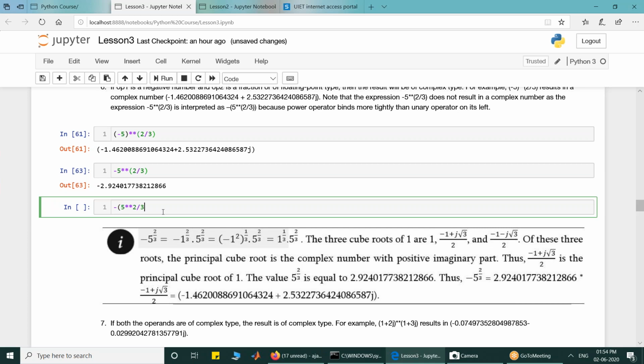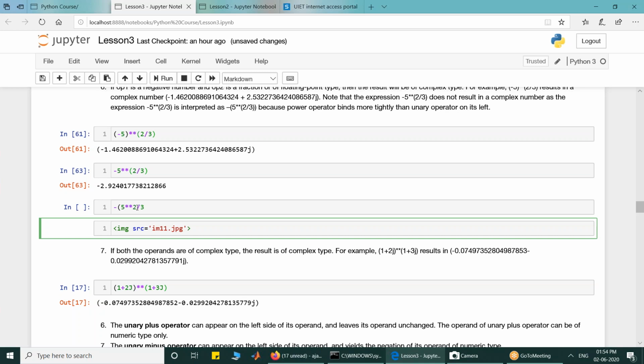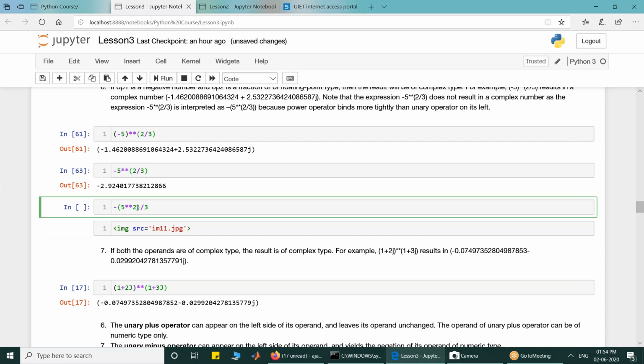Okay, so this would be like this, and then out of these, minus has more precedence than this, and then this. I don't think any of you have written it, Manan. I think you have written it correctly.